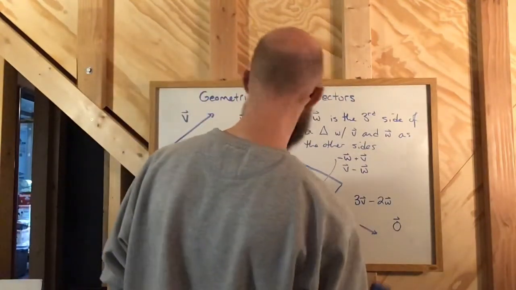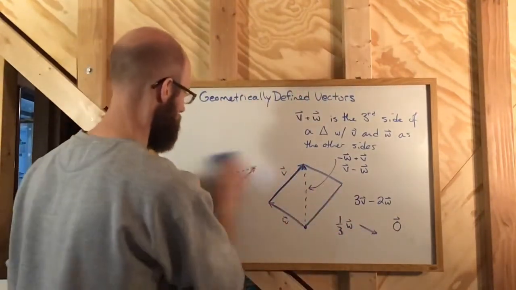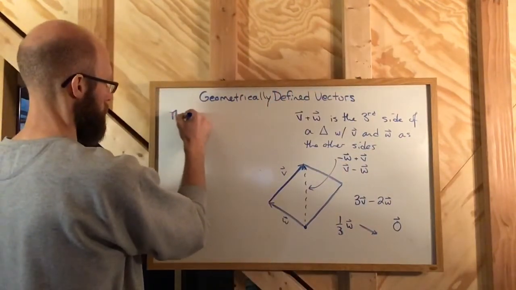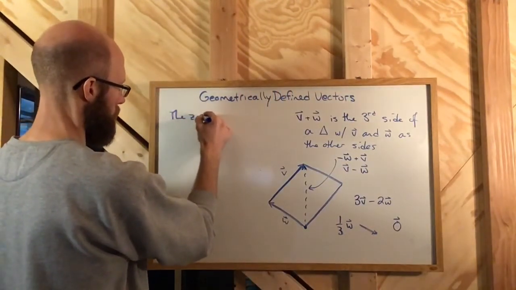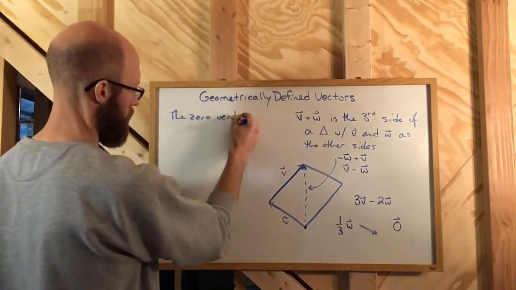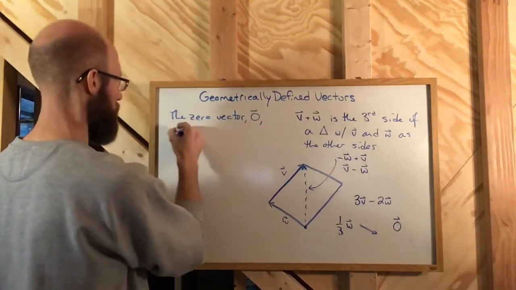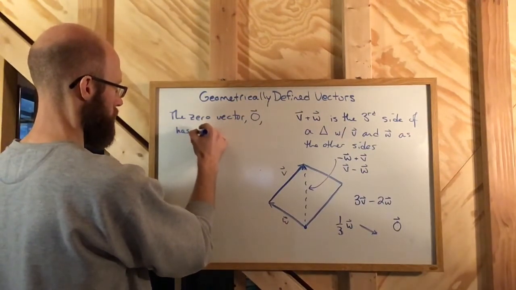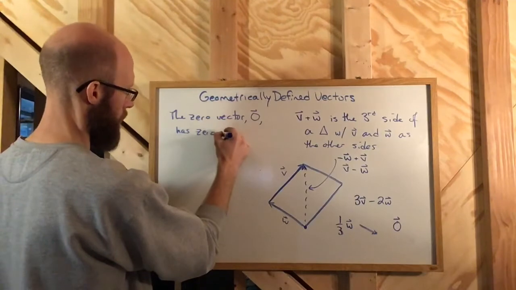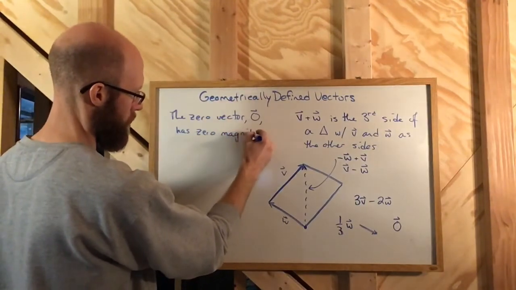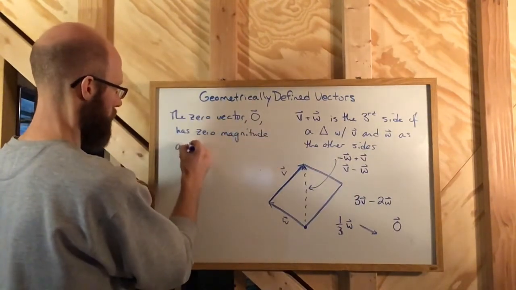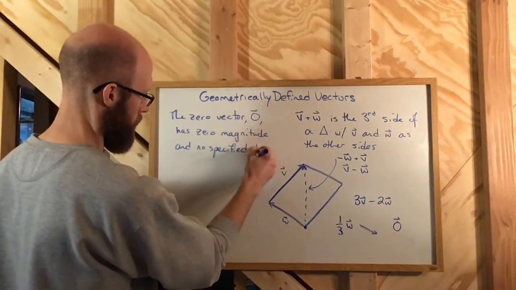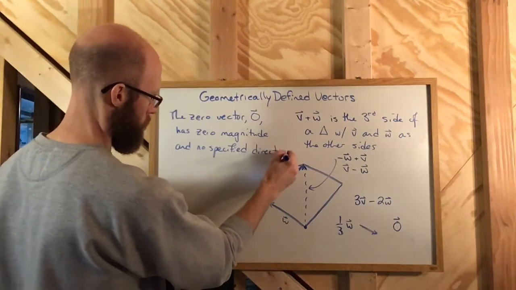So the zero vector, I'll write that up here. The zero vector has 0 magnitude and no specified direction.